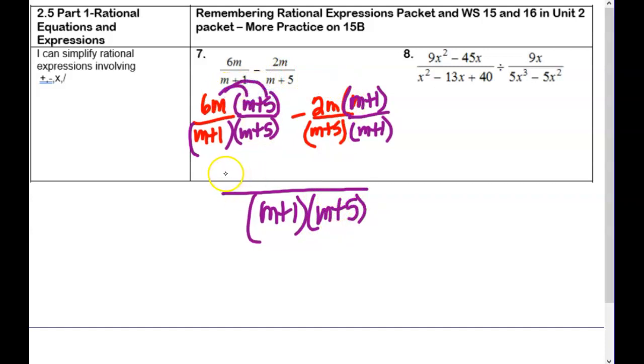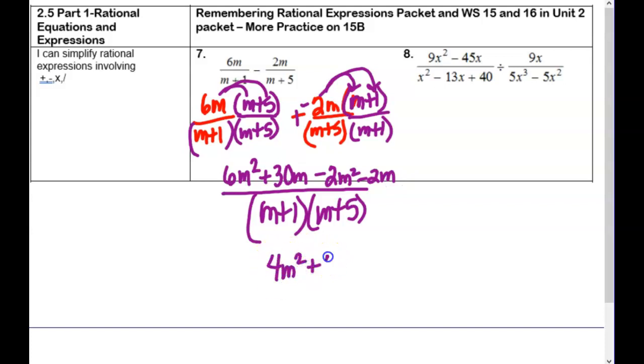What do I get? 6m squared plus 30m. But what's going to happen over here? I have to be super careful because it's a minus, so I am distributing a negative 2m. Everybody okay? So I get a negative 2m squared and a negative 2m. Then when I combine the top, I have a 4m squared plus a 28m. You could factor the top, take out a 4m, but nothing will reduce, so it's fine to leave it as it is.